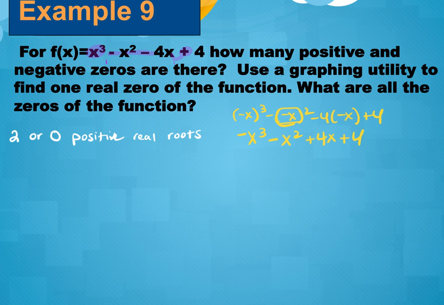So my sign starts negative, changes to positive, stays positive after that, which means there is 1 sign change, and there is 1 negative real root. Good so far.